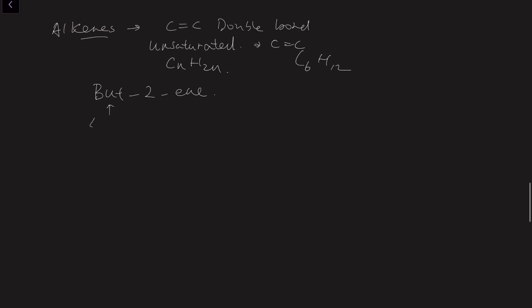So this is 4 carbons. And ENE means carbon-to-carbon double bond. This number 2, which is before ENE, means it is in position 2.